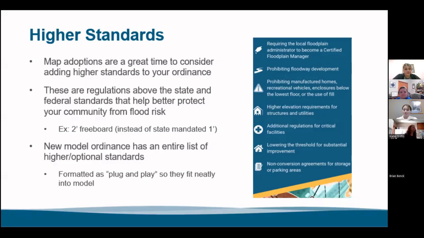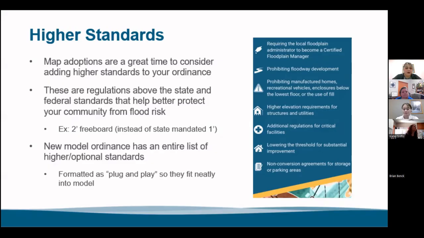Our current model, the optional or higher standards are just plugged directly into the model ordinance and highlighted in blue. So it makes it just a little clunky and cluttered and can have some issues if you are taking some of that out with the numbering system. So we think this way will be a lot more user-friendly and just be a lot more helpful when you're actually developing your new ordinance.